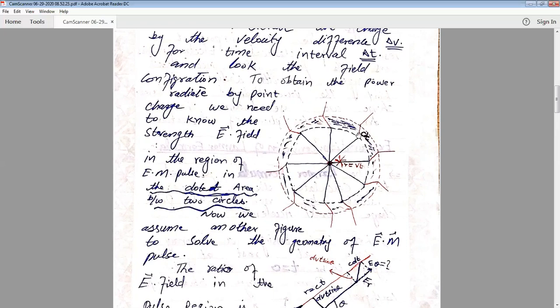What is the electric field configuration here, or what is the power radiated by a charge in this region? We will find it here. We need to know the strength of the electric field in the region of the electromagnetic pulse, in the dotted area between two circles.